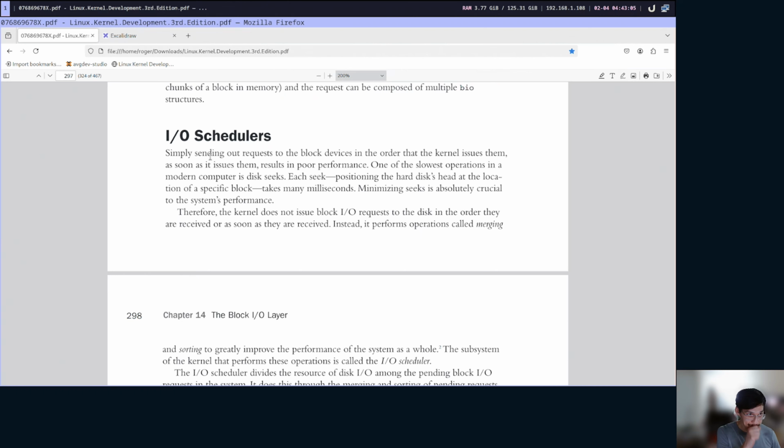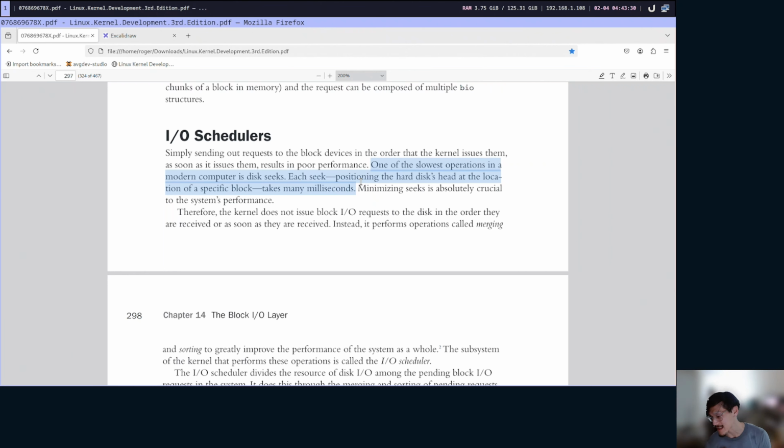Okay, I/O schedulers. Simply sending out requests to the block devices in the order that the kernel issues them, as soon as it sees them, results in poor performance. One of the slowest operations in a modern computer is disk seeks. Each seek, positioning the hard disk heads at the location of a specific block, takes many milliseconds.